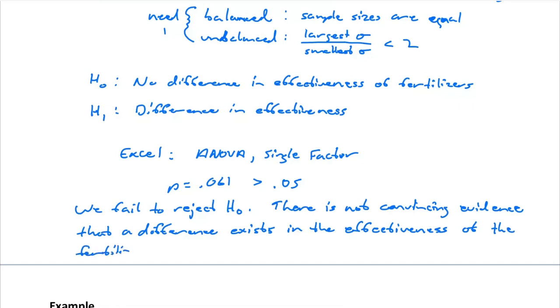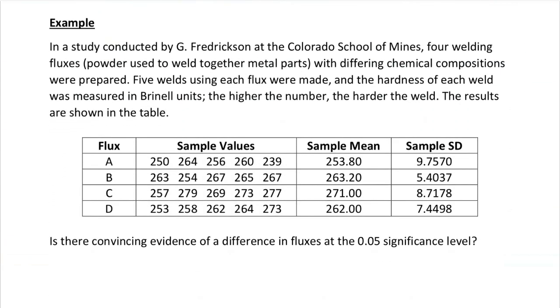Now, I'm going to do a couple more examples just to make sure we've got this down. And again, for the last one, I'll dive into the Tukey-Kramer test and show how that works. Okay, let's take a look at our next example.